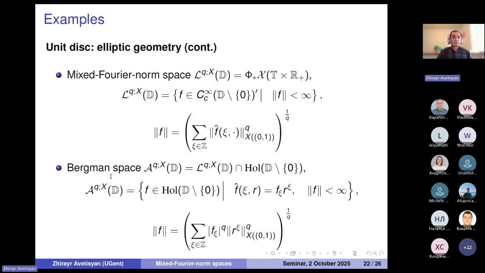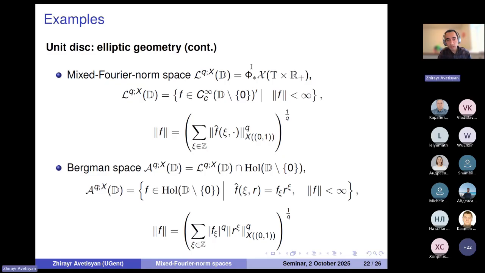So now the mixed norm space, well, mixed Fourier norm space is this space curly L QX of D, which is simply the push forward of the mixed Fourier norm space on the model space T cross R plus.